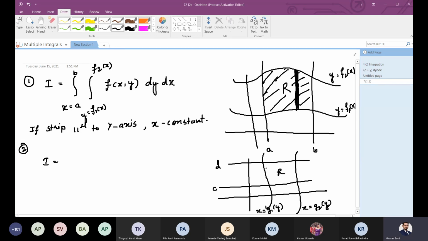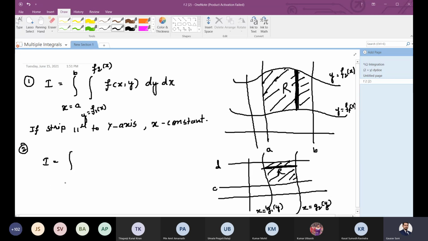This is the region R. So what do we have? Integration. Now which strip is to be considered? You can see that the values of y are constant. So make the strip parallel to the x-axis here and give the limits.